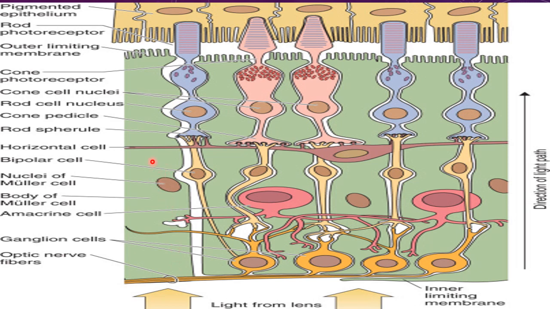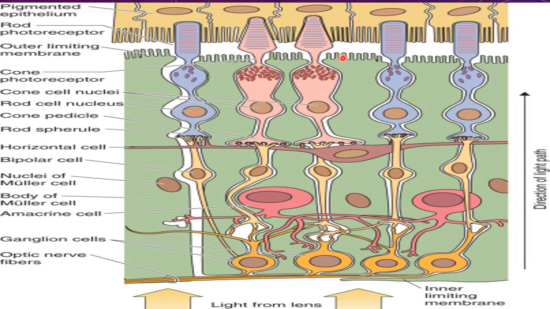Then this is the neural gliocyte, the Muller cell, its cell body in the inner nuclear layer, and its outer cytoplasmic extension reaching externally to the area of the rods and cones, and then adhering with them, making up the outer limiting membrane.